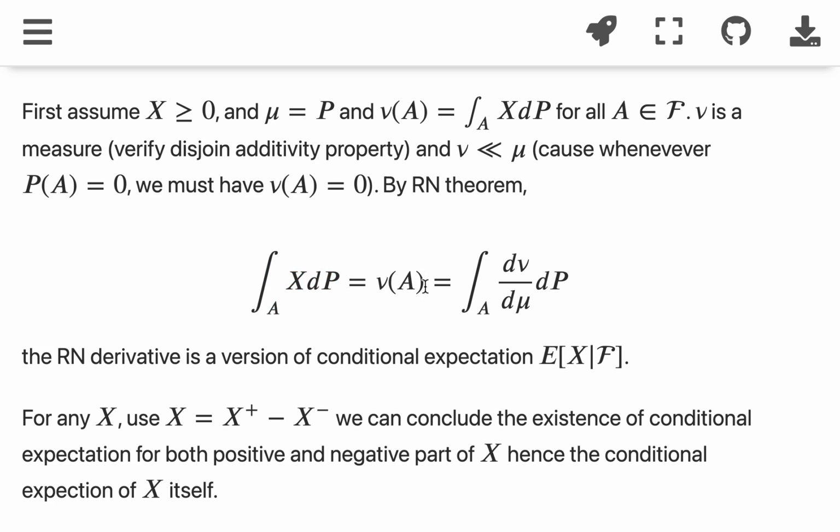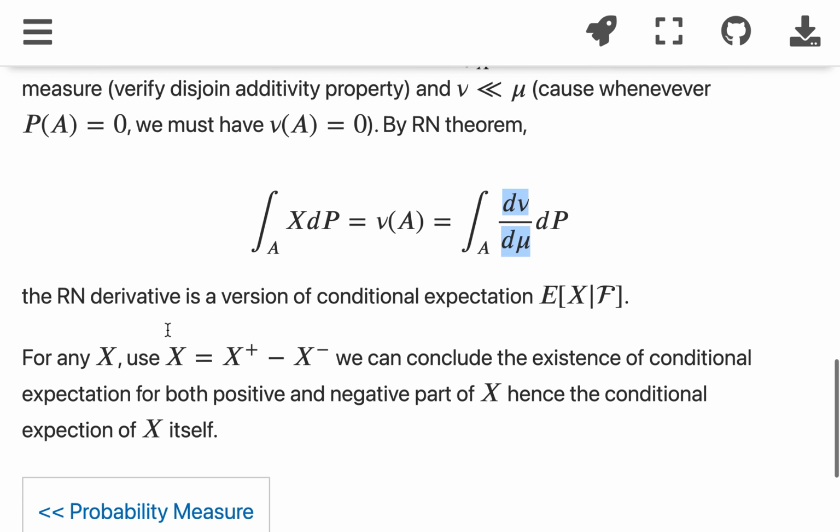So this nu A must have a Radon-Nikodym derivative, which is d nu d mu, and integral of dp, and dp is just d mu, right? So that guarantees the existence of a version of our conditional expectation.